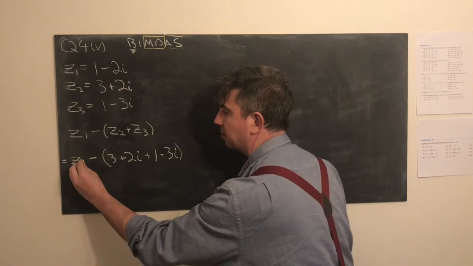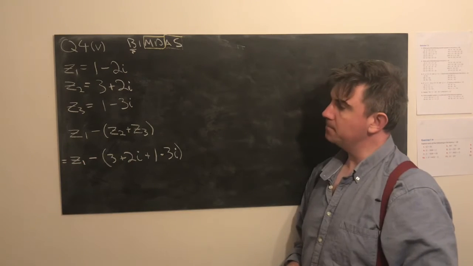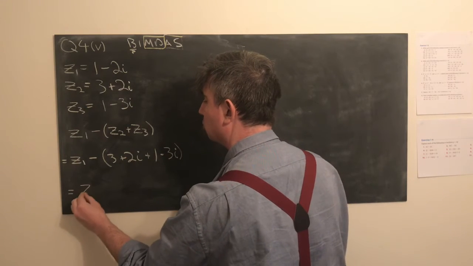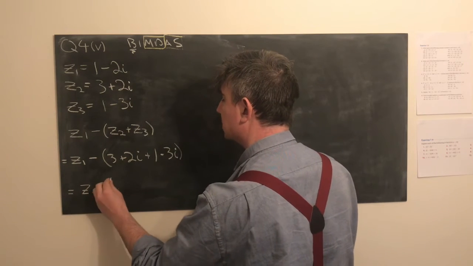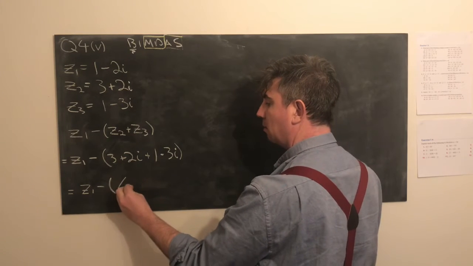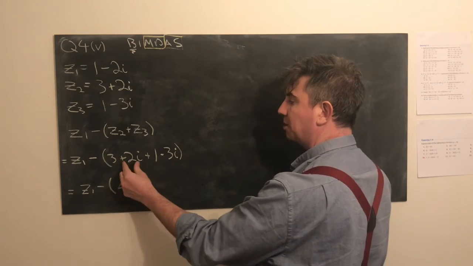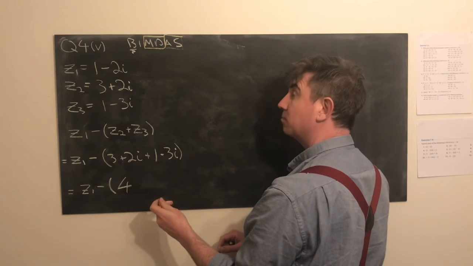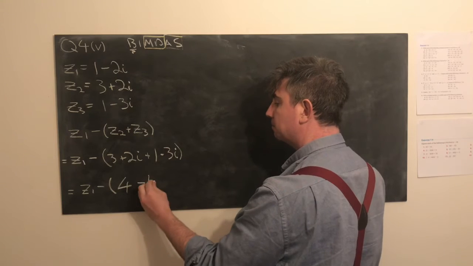That's a Z3 there, sorry. So I now can tie that up to be Z1 minus, well, real part with real part, that's going to be 4. Imaginary part with imaginary part, so that's 2i take away 3i, that's going to be minus 1i.